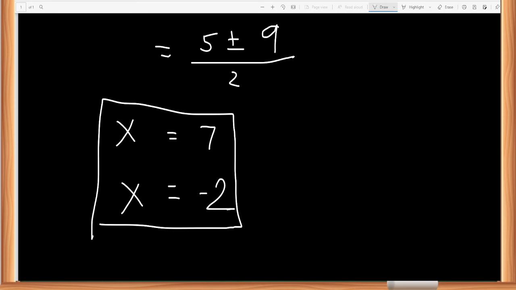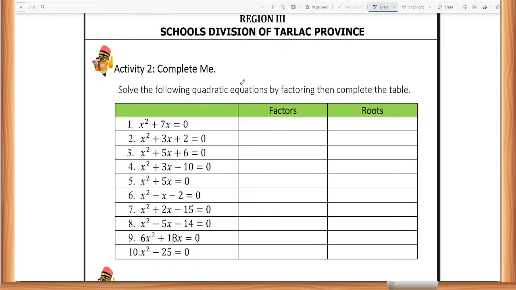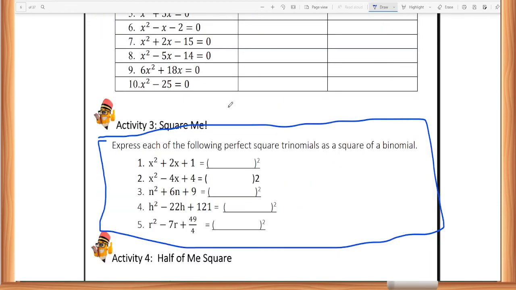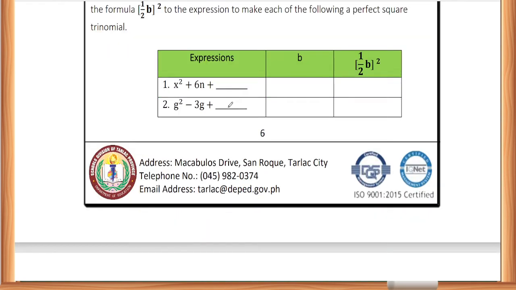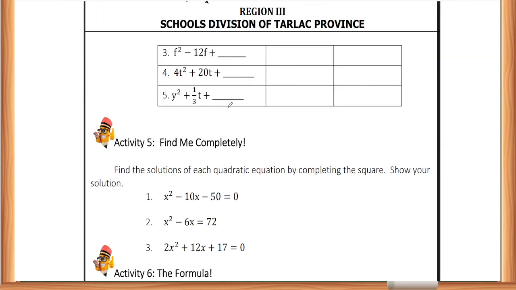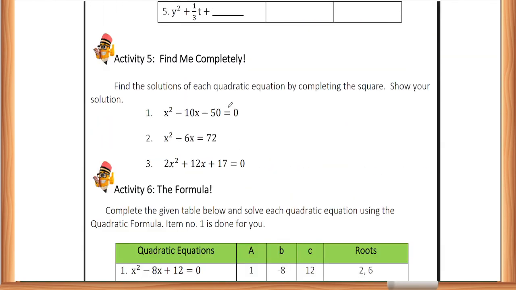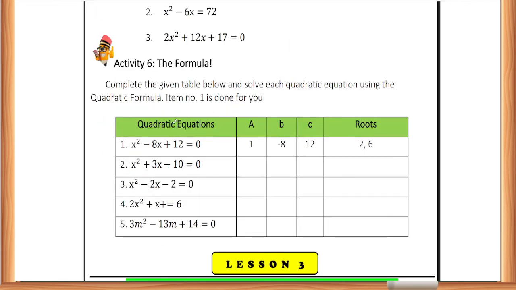Because sa inyong instructional support material, ito yung sa factoring, no? Nagpa-factor ka. The next thing that you're going to do is, hanggang sabi ko, you have to answer hanggang activity number 6. Ang maganda dito, nakalagay na siya sa standard form of quadratic equation.